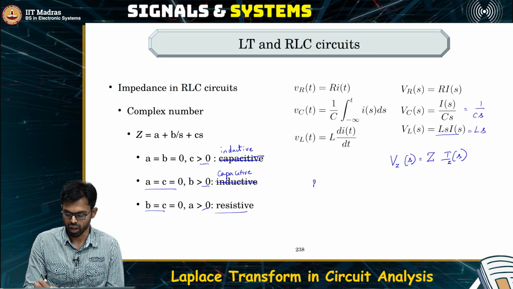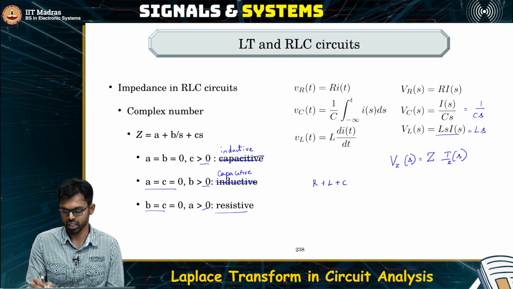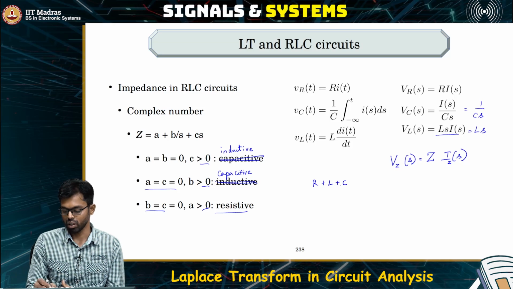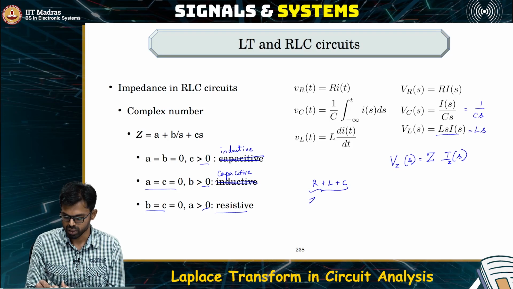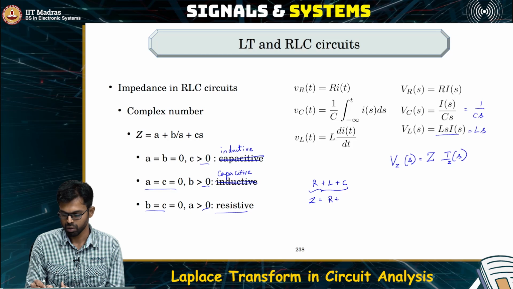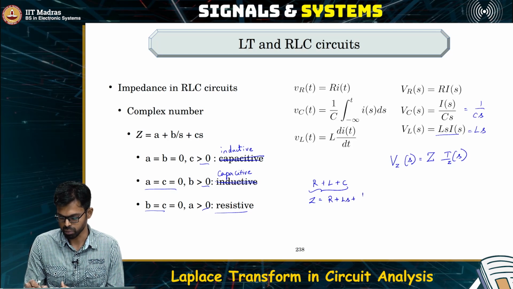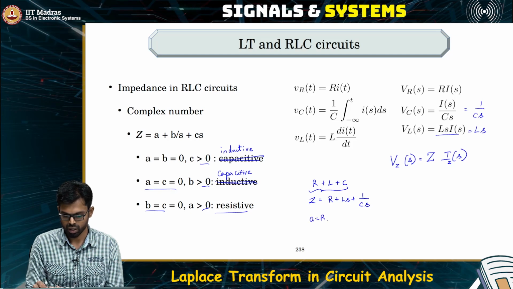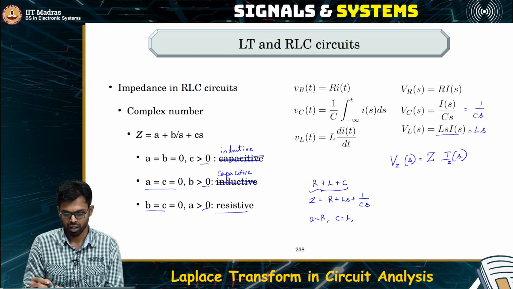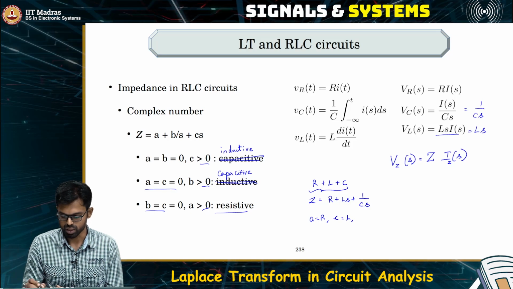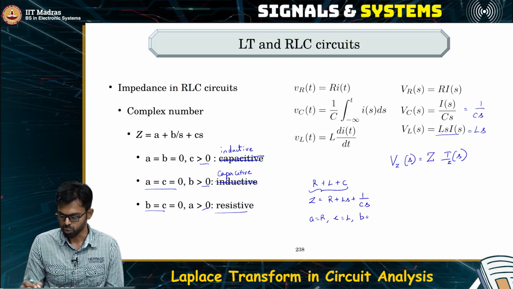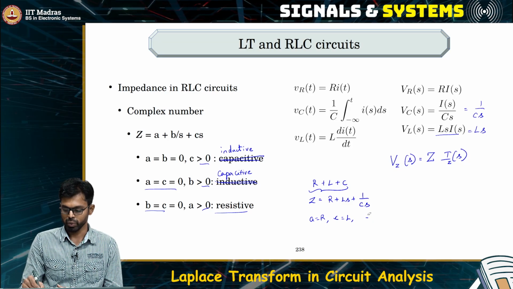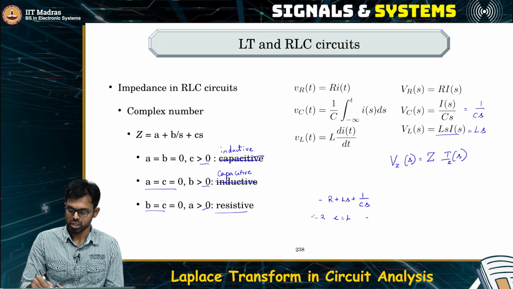So if you have both R and L and C, all of them in series, then the equivalent impedance would simply be Z equals R plus Ls plus 1 by Cs. Okay. So in this case, a equals R, c equals L, and b equals 1 by capital C. So this is a simple way to model the elements in a circuit.